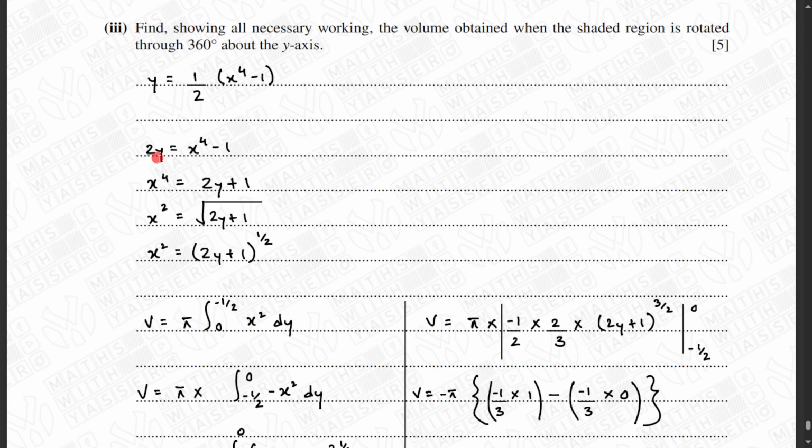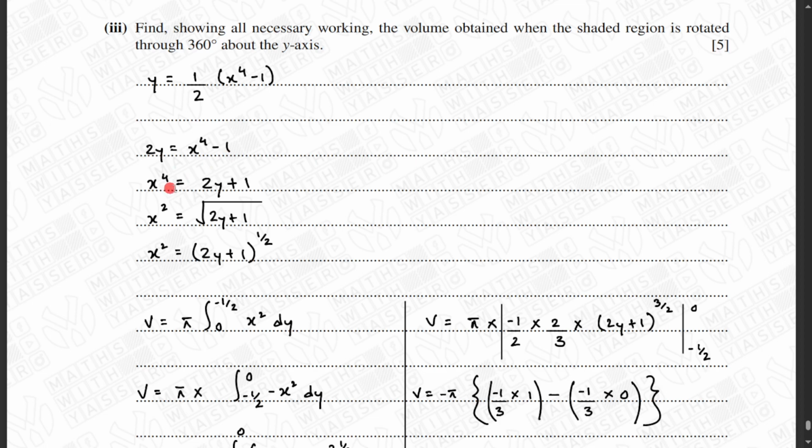Again, for this, we need to make x squared the subject of the formula, because now the volume will be obtained by rotating it about the y-axis. So let's first make x the subject of the equation, and we also need to square it. So 2y is equal to x to the power 4 minus 1.